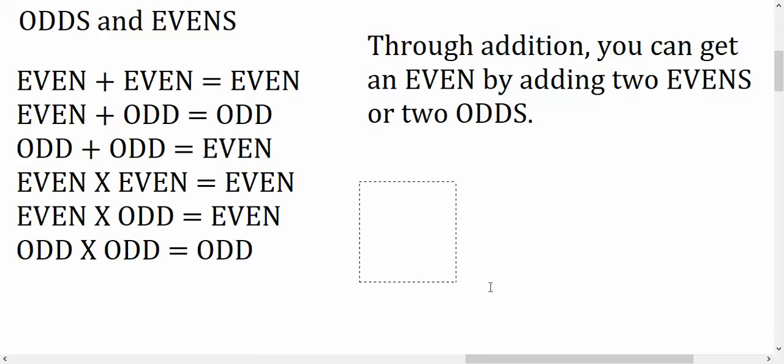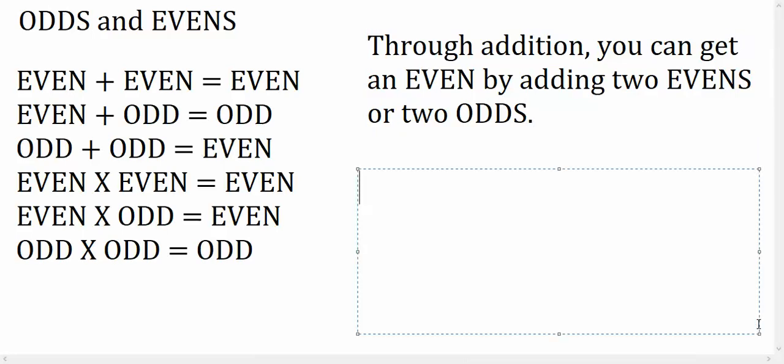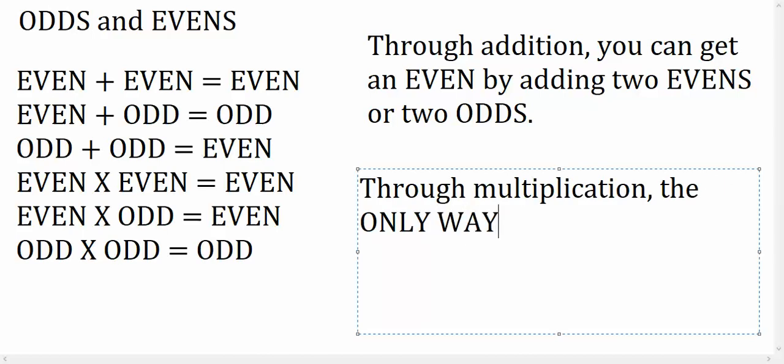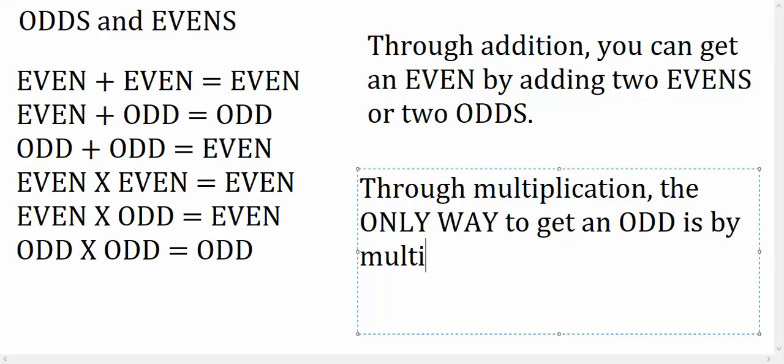Now if we think about multiplication, the important point to remember, so through multiplication, this is the way I like to put it, the only way to get an odd number, to get an odd, is by multiplying only odds.